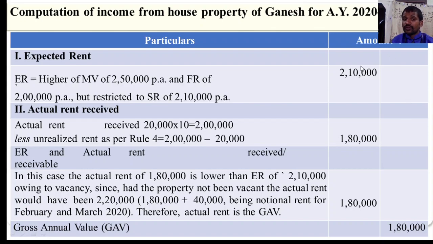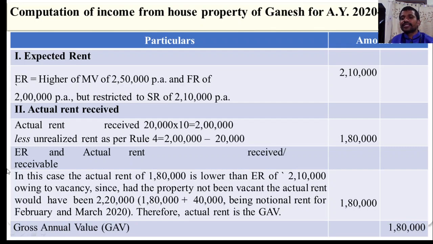Now whichever is more has to be considered as per the rules. 2,10,000 is the expected rent, but in case of a vacancy period, if the house is vacant for that period, then expected rent or actual rent received or receivable, whichever is less, is to be taken.